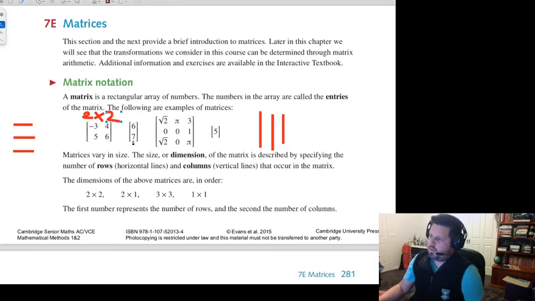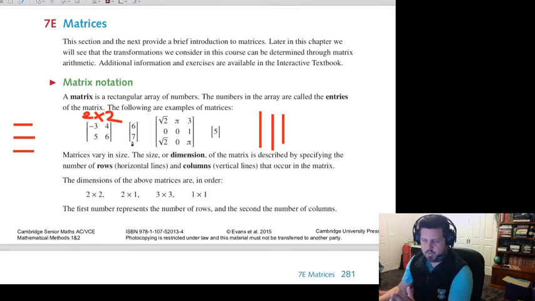Here, if we look at this one, thinking about how many rows it has, it's got 1 row here, 1 row here. There's only 1 element in each of those, but there are still 2 rows, and there is 1 column. So again, the way in which you describe these is the number of rows, so in this case, 2 rows by 1 column. The order of this matrix, we would describe it as a 2 by 1 matrix.